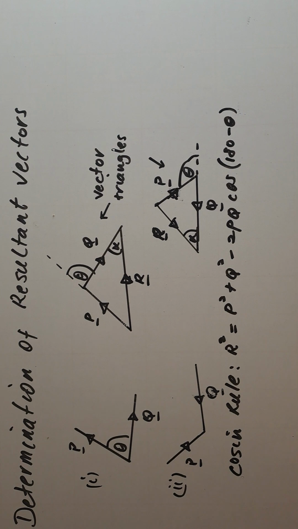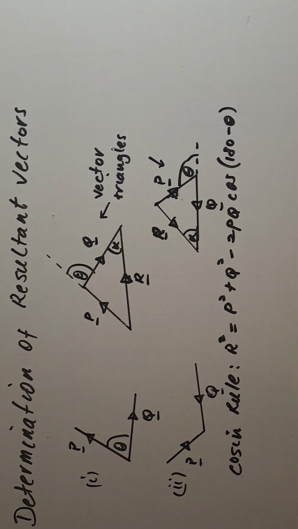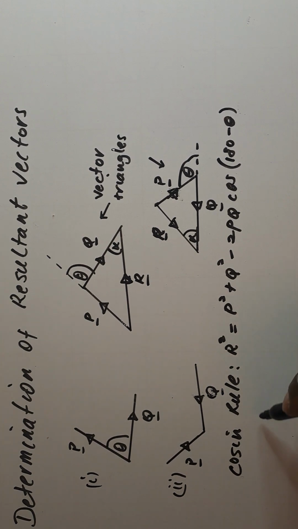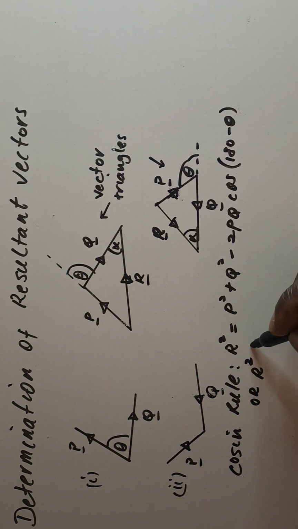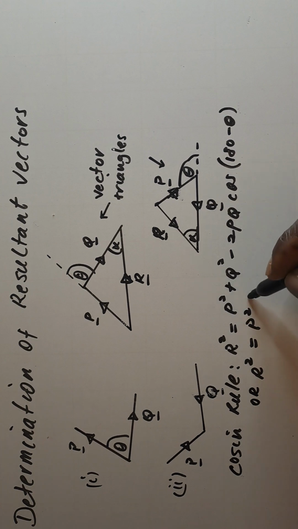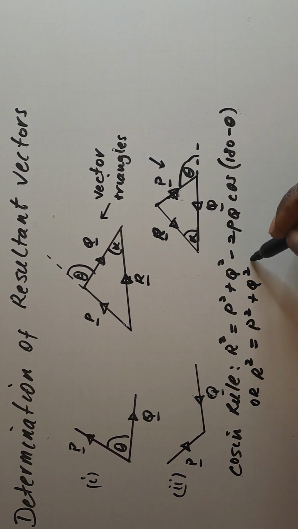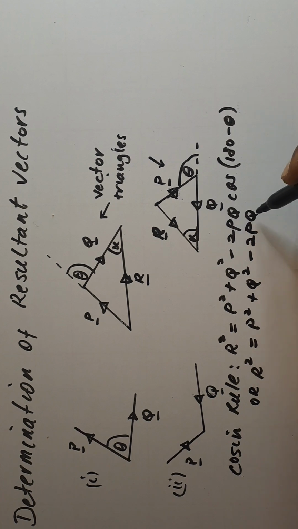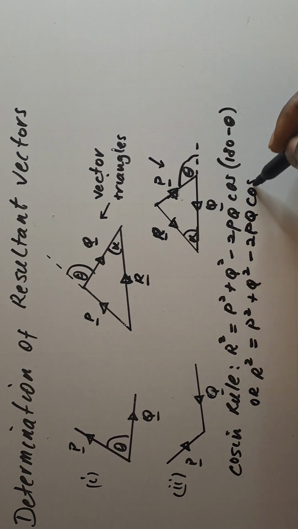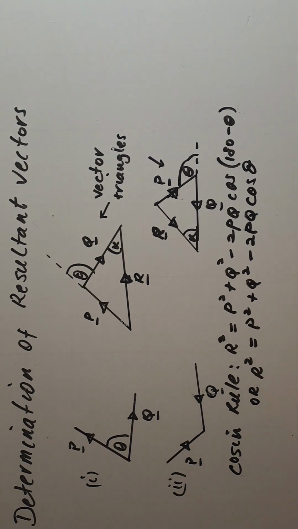Another thing is that cosine of 180 minus theta, which I've covered in my trigonometry concepts on previous videos, is equivalent to minus cosine theta. So now we can write R squared is equal to P squared plus Q squared plus 2PQ cosine theta. I think most people are familiar with this version of the formula.